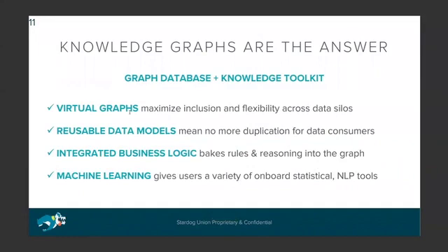To accomplish this, Stardog combines a state-of-the-art graph database with the knowledge toolkit. This toolkit is what makes it possible to build the corpus of knowledge within your organization and avoid creating a graph-shaped data silo. The foundation of that is the logical data model. The knowledge graph provides the appropriate abstraction for the knowledge of your enterprise, and as such, it speaks the language of your organization.